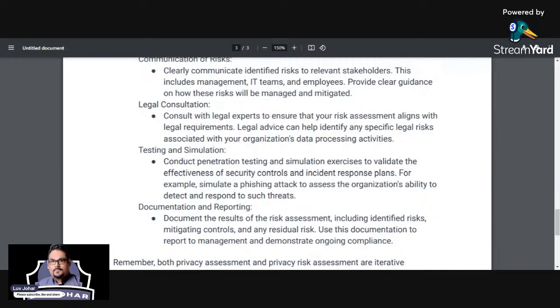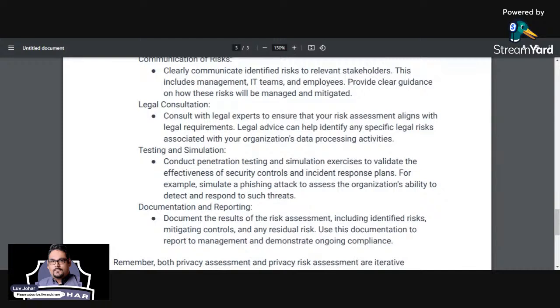After that, we have testing and simulation. Here you actually try to conduct penetration testing within your organization. You try to validate whatever security controls and protection controls that you have in order to mitigate any sort of security breaches, whether they are in place or not, whether they are effective or not.